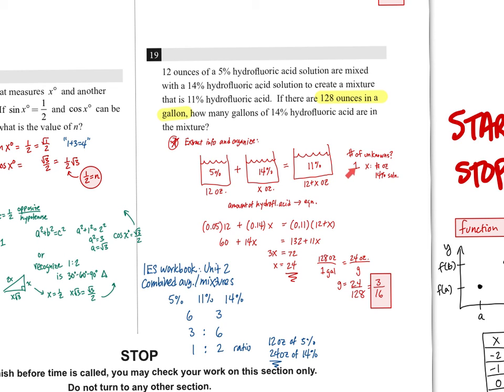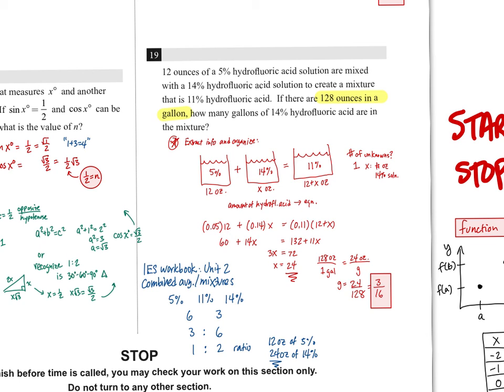So what's unknown? We don't know X, the number of ounces in the 14% solution. That's the one variable that we don't know. Otherwise, we're just adding the contents together, and we've got the respective percents there. So one equation is going to be pretty simple. The equation that we get is going to be just a combination of the percents and the quantities, right?